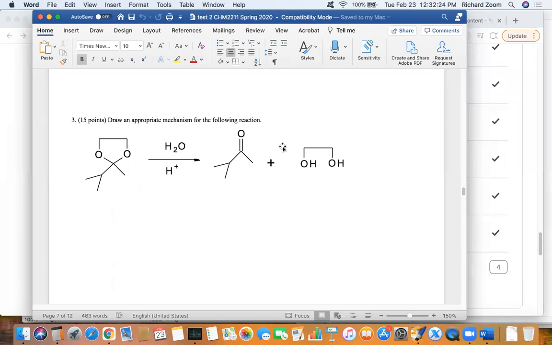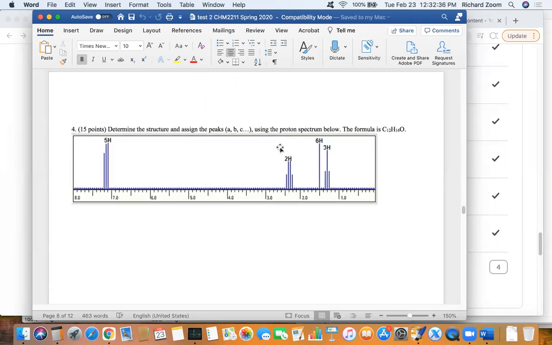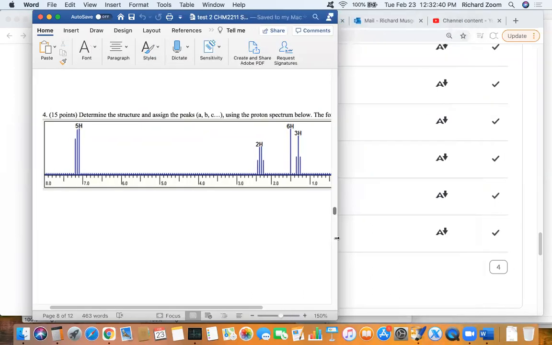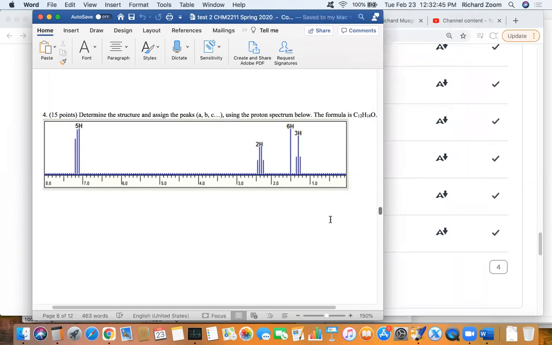And then question 3 would be the cyclic acetal formation or water reaction or hydrolysis. Now question 4 is going to be a proton NMR problem where you'll be given a molecular formula and a spectrum.